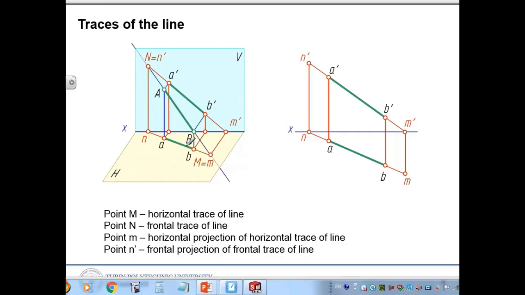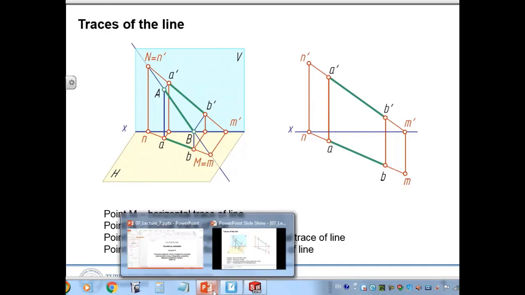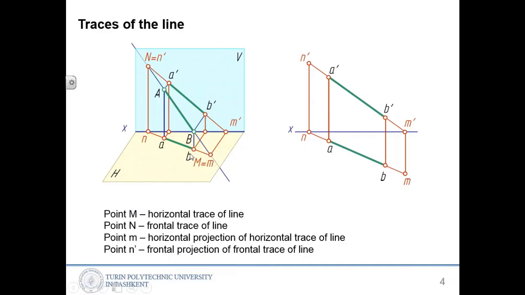If you continue the line, the projection AB, until it intersects the OX axis, you will get point N. That point is in a similar position with the space point, big capital N, which is the trace of this line.